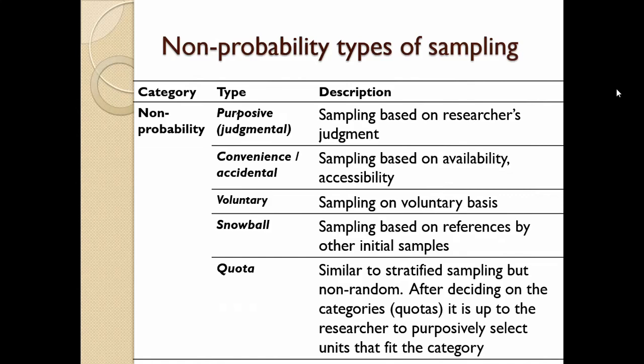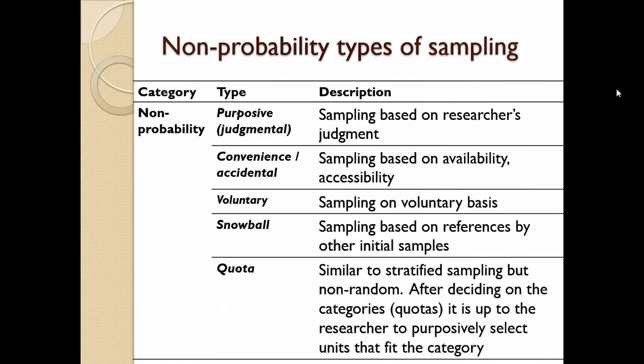You have random sampling types, and within these types, of course, you have different ways of selecting. But now you have non-probability sampling, where the selection is subjective, and you do not use random methods.